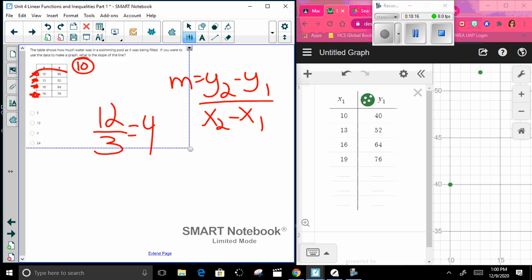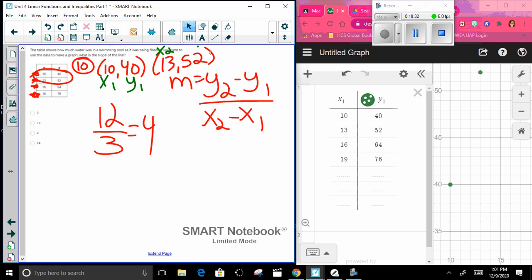I'm going to pick the first 2 points. What is that? 10, 40, and 13, 52. Remember, this one would be my x1, y1. This would be my x2, y2. So y2 is 52, y1 is 40, x2 is 13, x1 is 10.